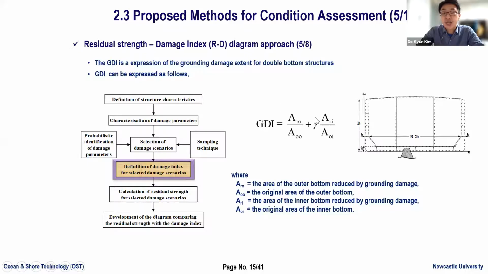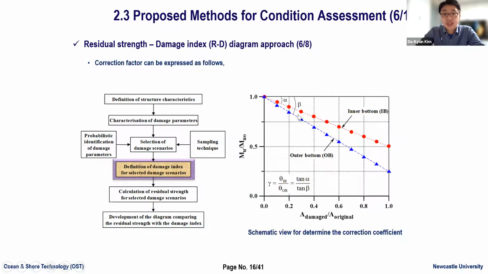Here I have not yet explained this correction factor. About this correction factor, we can calculate the residual strength by increasing the damaged area, so that we can see the relationship between the outer bottom contribution as well as the inner bottom contribution.